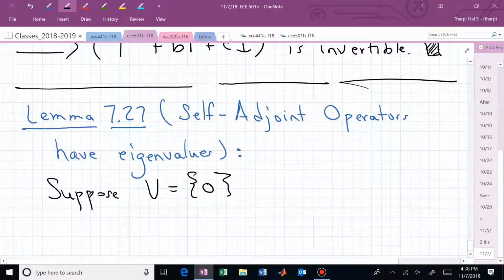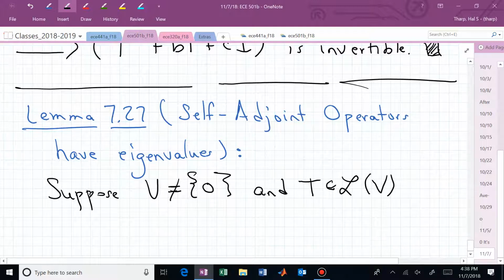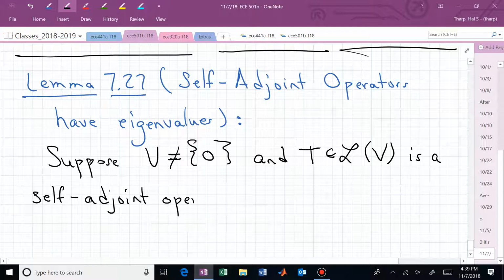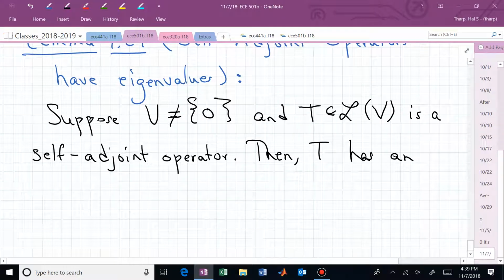Let's assume that the vector space is something other than the 0 vector. So now we have a non-trivial vector space, and this linear operator t is self-adjoint. Then t has an eigenvalue.